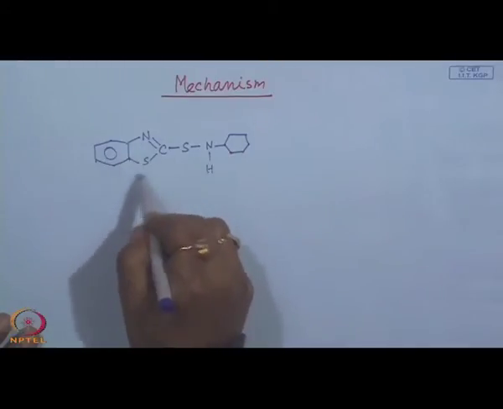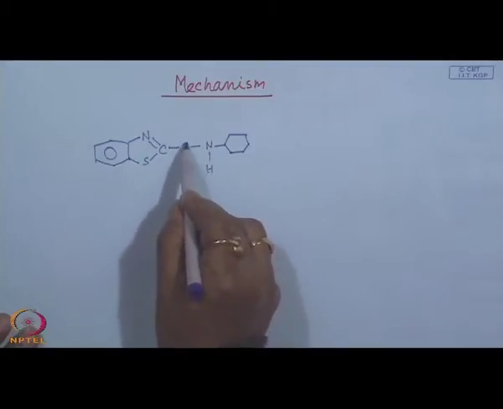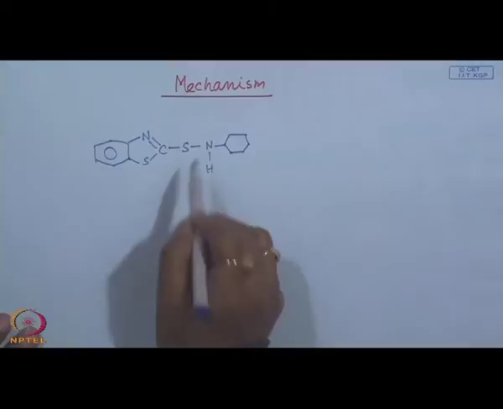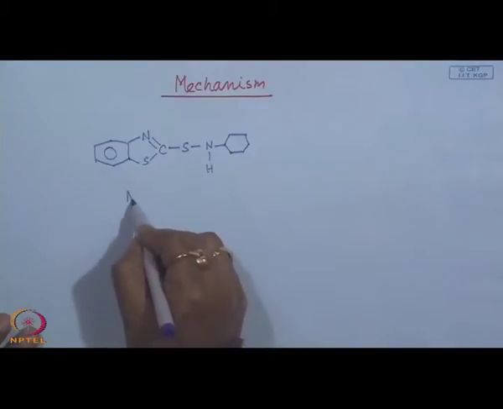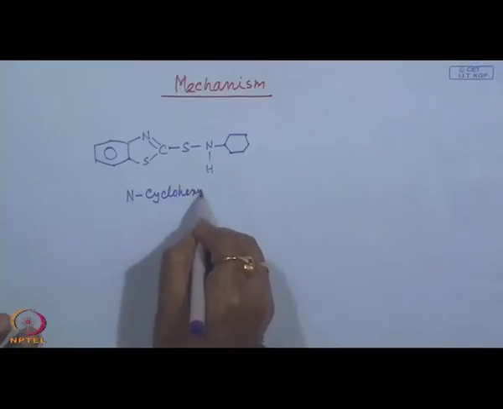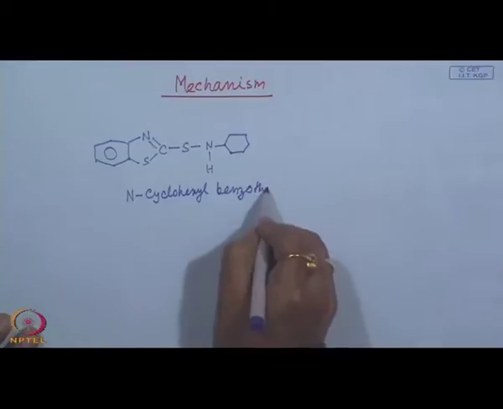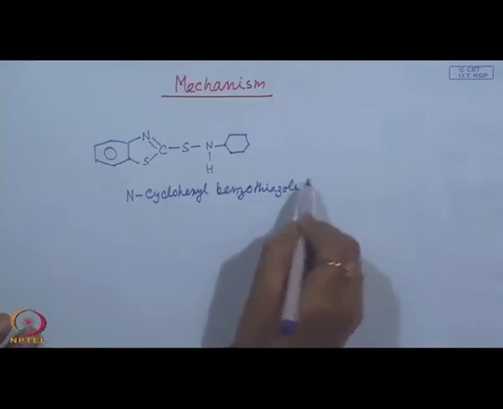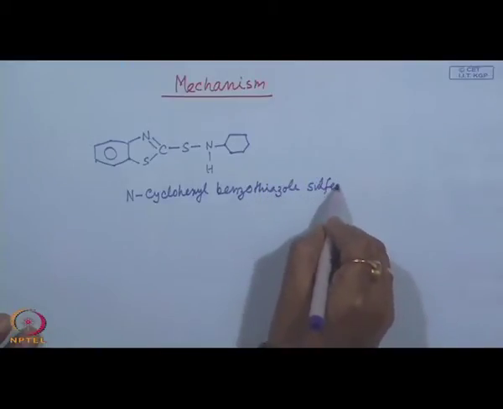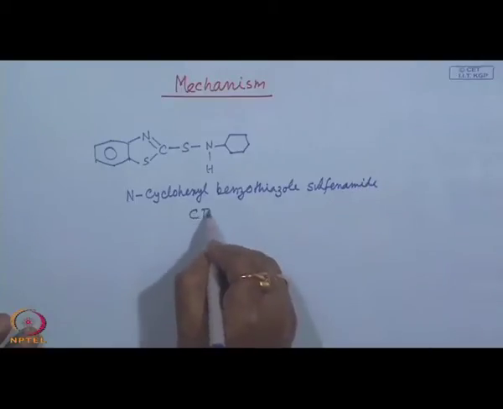This is the mercaptobenzothiazole ring. This is the SN linkage, the sulfonamide linkage. This is known as N-cyclohexyl benzothiazole sulfonamide. In brief, it is known as CBS.